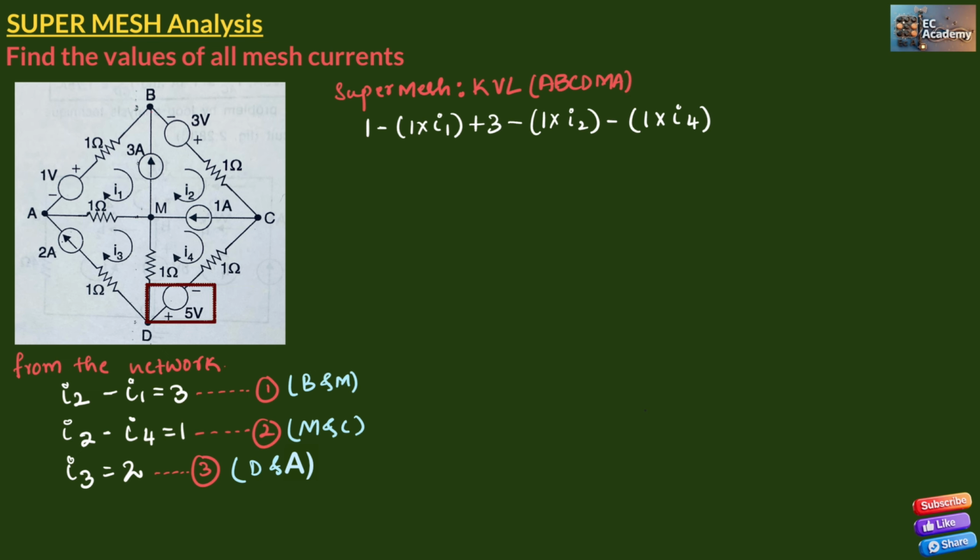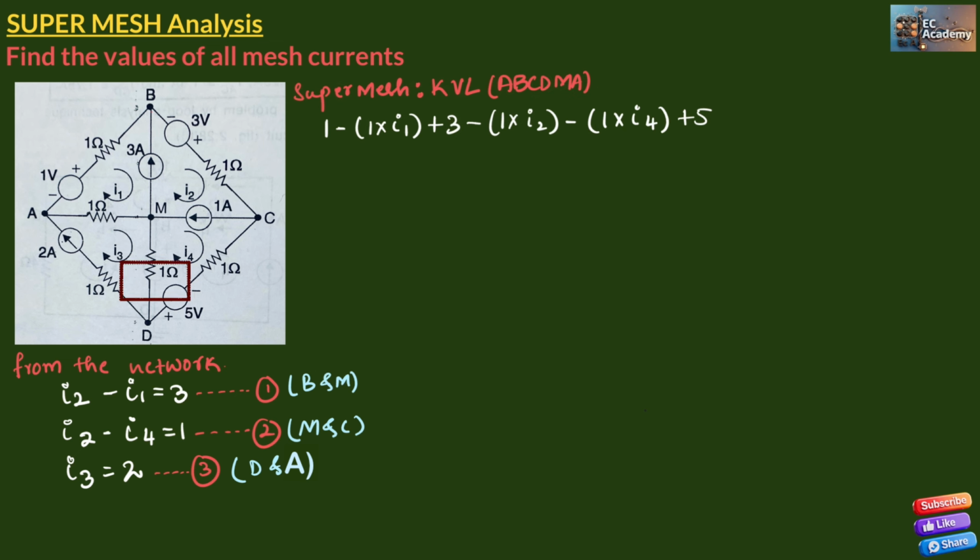The voltage rise across the battery will be plus 5. Voltage drop across 1 ohm resistor will be minus 1 into (I4 minus I3), and the voltage drop across 1 ohm resistor will be minus 1 into (I1 minus I3), which will be equal to 0.